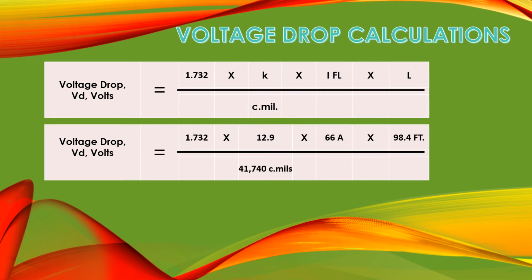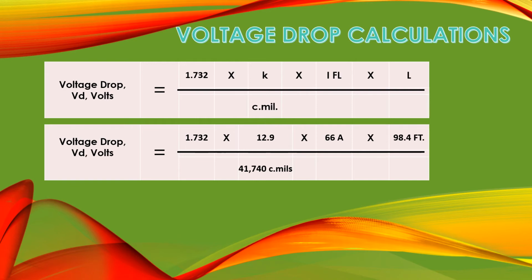To calculate, we use 1.732 for the three-phase factor, then 12.29 for copper conductor, and remember that the current taken from the table is 66 ampere, and we use 98.4 feet, which is equal to 30 meters. So here we limit the length of the conductor to 30 meters.